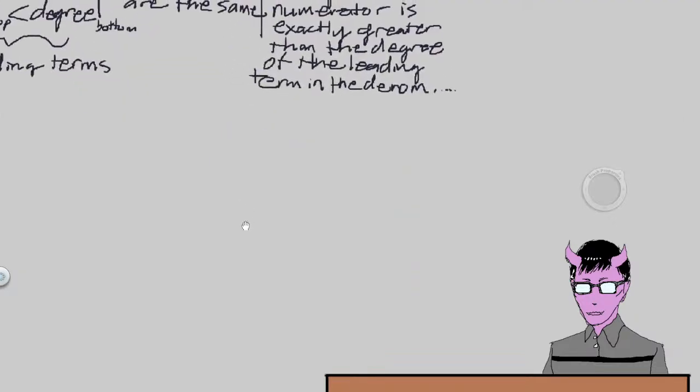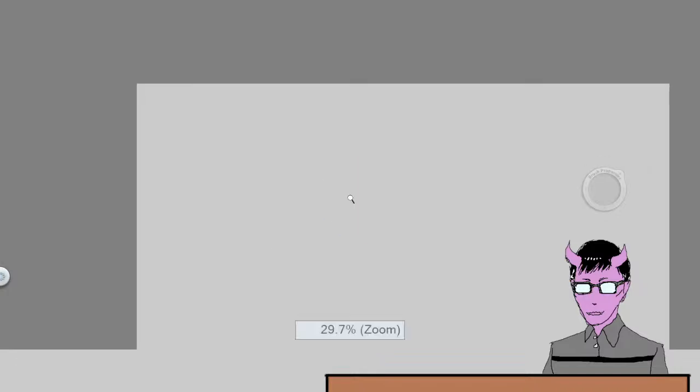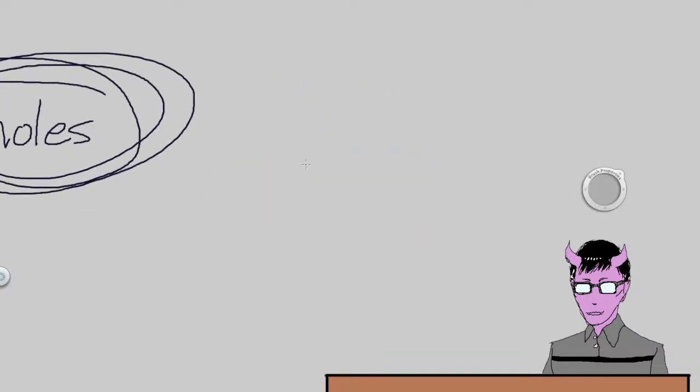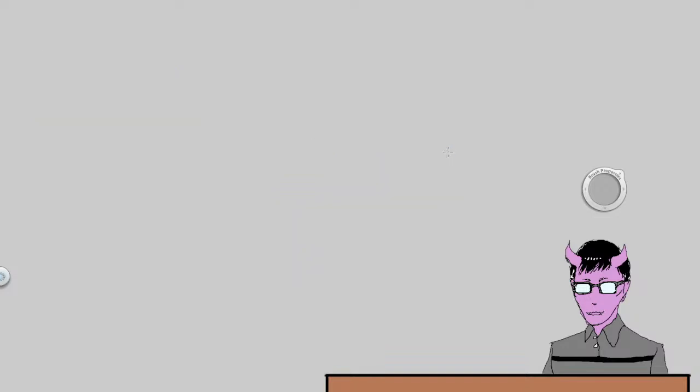We're basically done with the situation, but there are something called holes. That's basically when your graph does something like this, and there's a whoop, there's nothing there. We'll talk about that next time, because I'm really tired at this point.